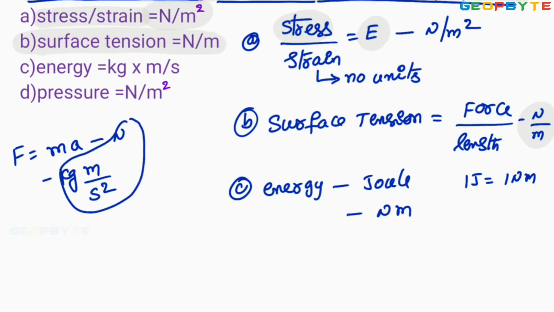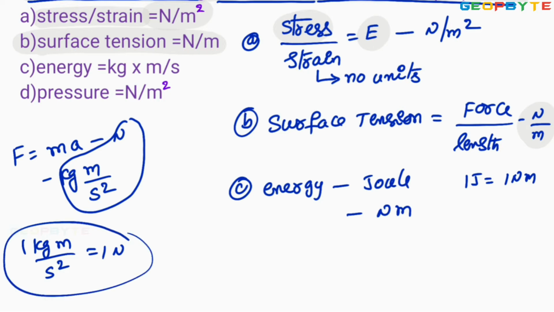That means 1 kg meter per second square is equal to 1 Newton. In the place of Newton, let me write kg meter per second square into meter.